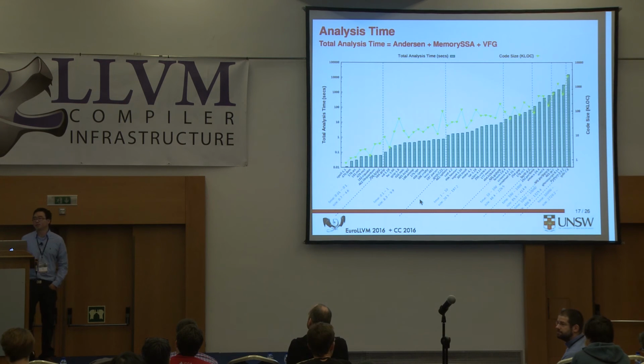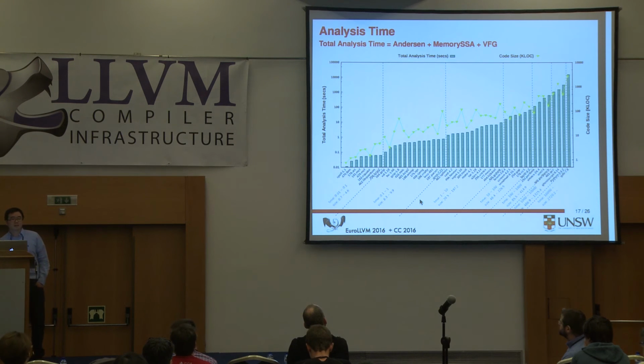It's more than hundreds of megabytes, and some are nearly 1 gigabyte. So it's really essential that we perform some of the analysis, especially for large programs, on a machine with huge memory.